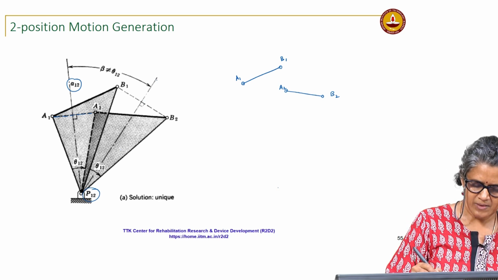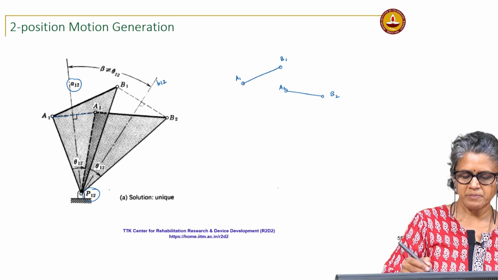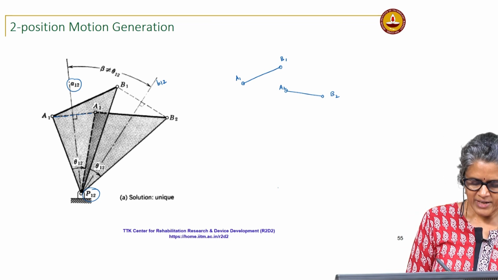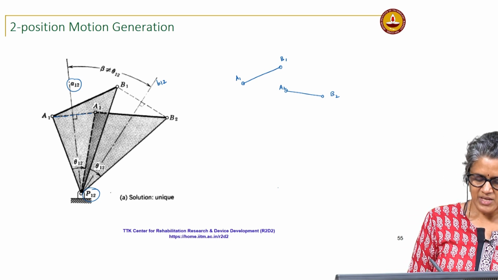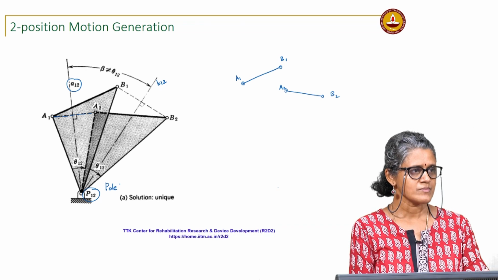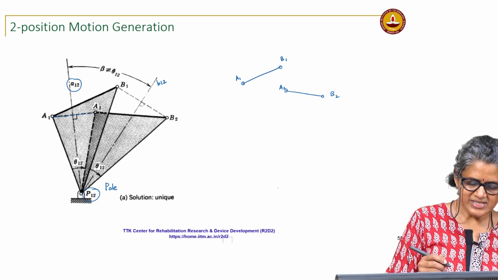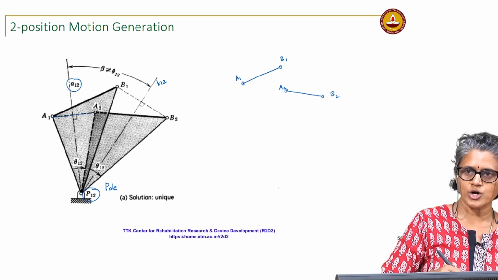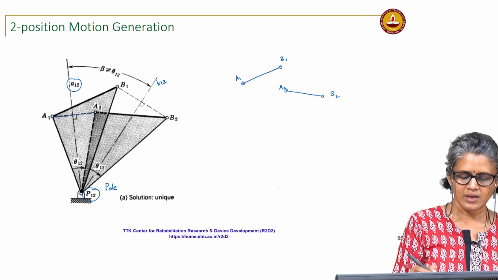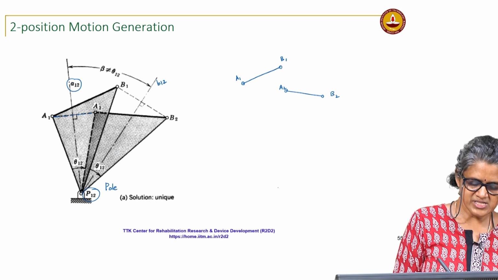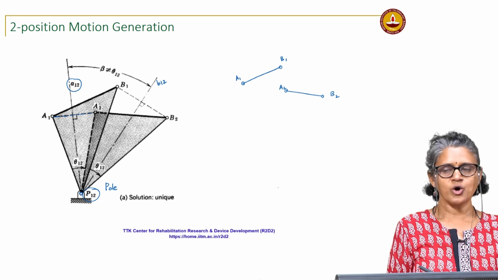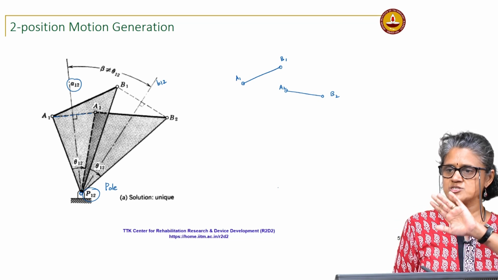This is, let us call this B12, the perpendicular bisector of B1 and B2. The point at which these 2 intersect is called the pole for these 2 positions. Suppose I extend this body and make this a triangle A1 P12 B1, then this P12 does not move when the body moves from the first position to the second position.